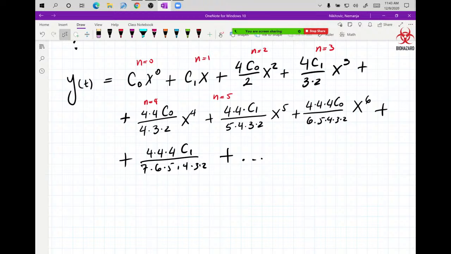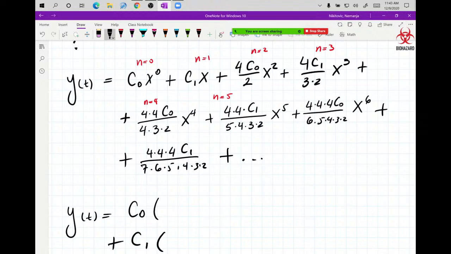What you see here, I hope you see, is pattern recognition, and why certain students get to be in this class and others don't. Do you all see how each term has a C0 and each term has C1? Yeah, we're going to factor that. So y of t is equal to, I'm going to have a C0 party over here and plus C1 party over here.